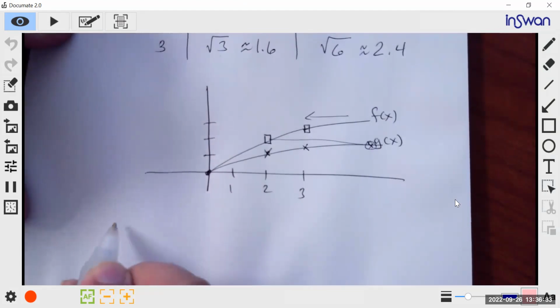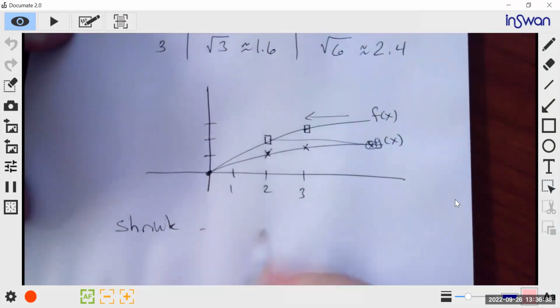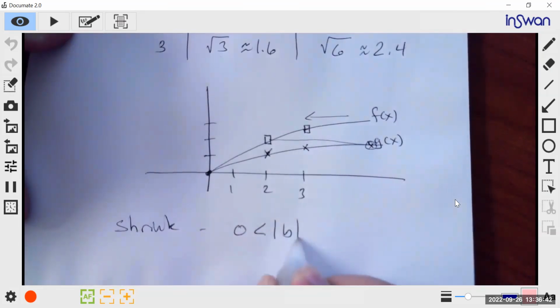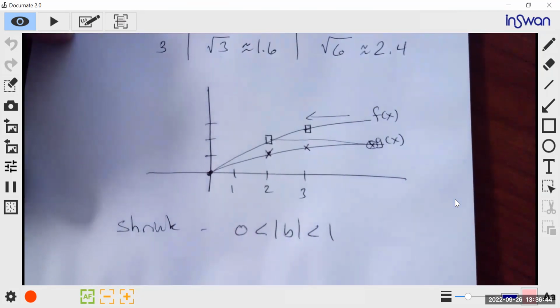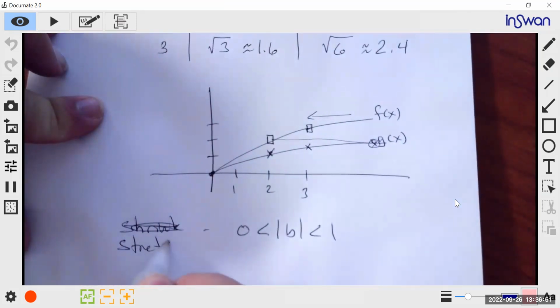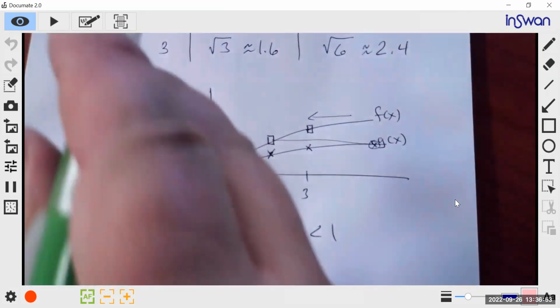And conversely, it's a shrink if B is between 0 and 1. No, it's not shrink, it's compression. This should be stretch. Because if that one's a compression, that's a shrink.